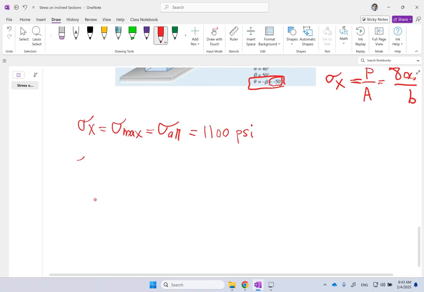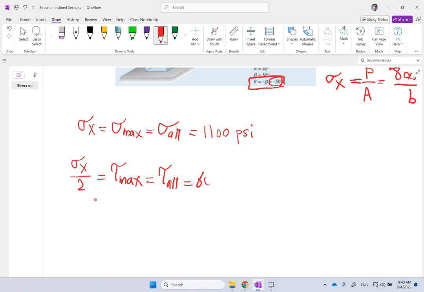On the other hand, sigma x over 2 is equal to the tau maximum, and tau maximum at most could be the same as tau allowed, and that was 600. So from here, sigma x is 1100. But from the bottom one, if you multiply, you see that your sigma x is 1200.